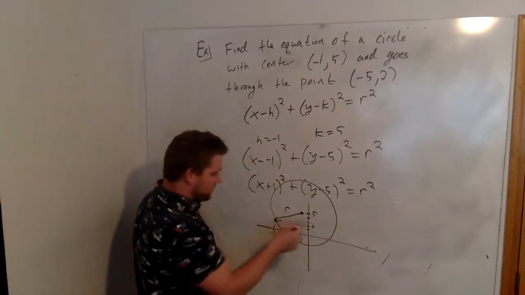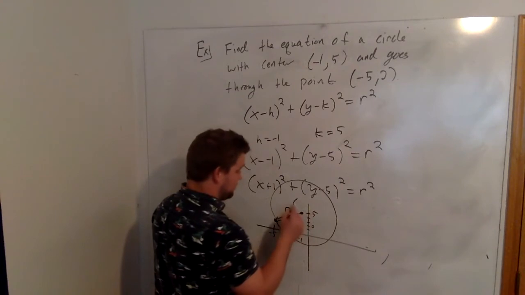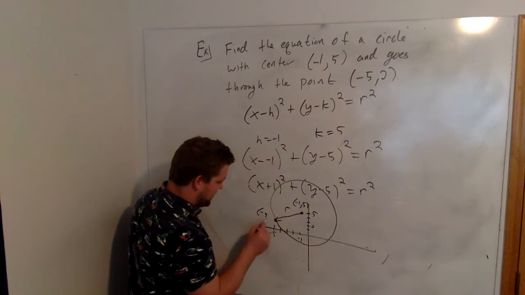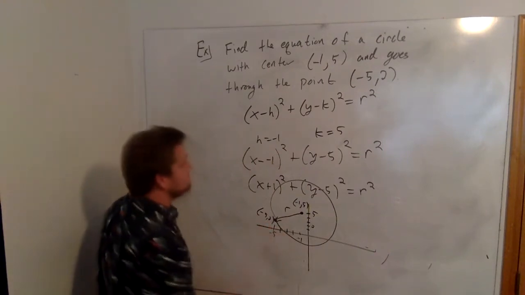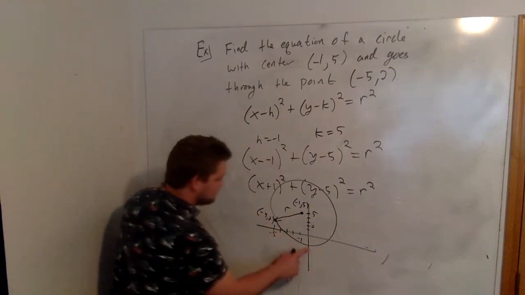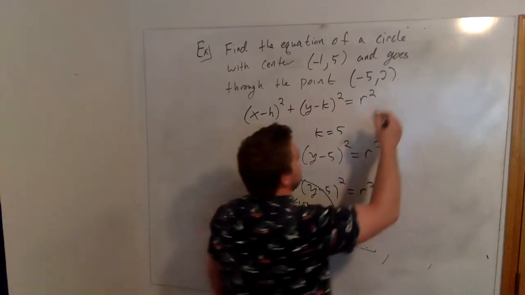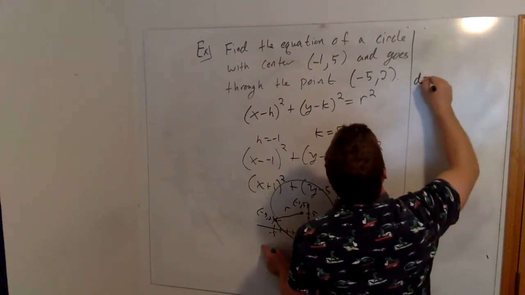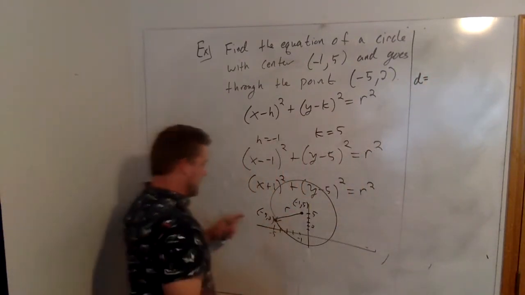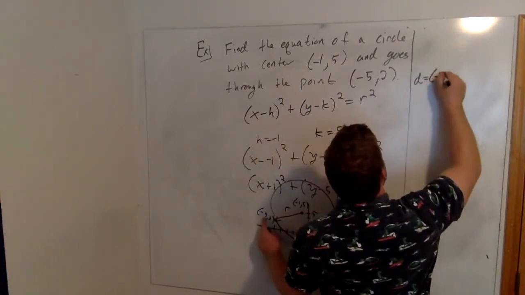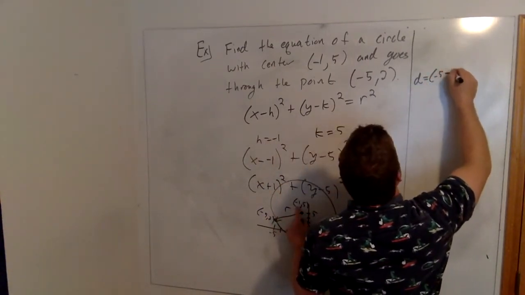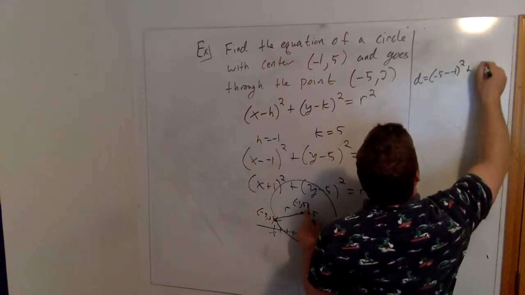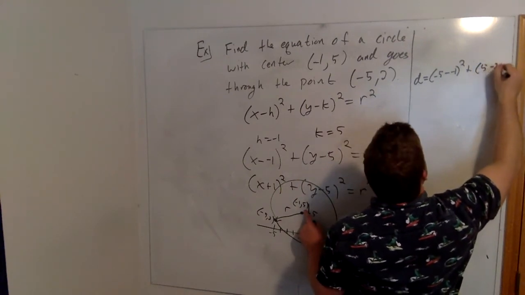How can we figure out what this radius is? We could use the distance formula. This is (-1, 5) and this is (-5, 2). Let's find the distance between those 2 points. The distance is the square root of (-5 minus -1) squared plus (5 minus 2) squared.